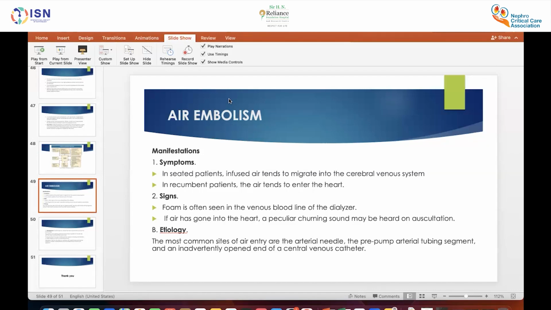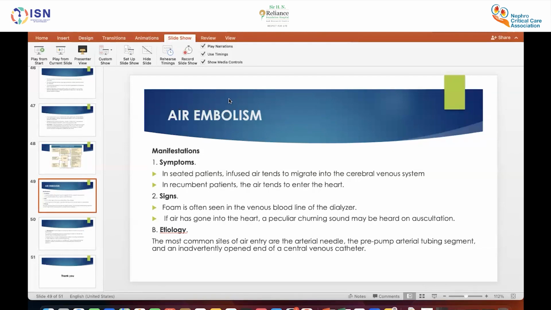Rarely have we seen patients requiring cardiac catheterization. Usually they recover after a few days if you give them this position and keep them on a high flow mask. Whatever small bubbles have gone inside causing hypoxia will be resolved, and the air gets absorbed.